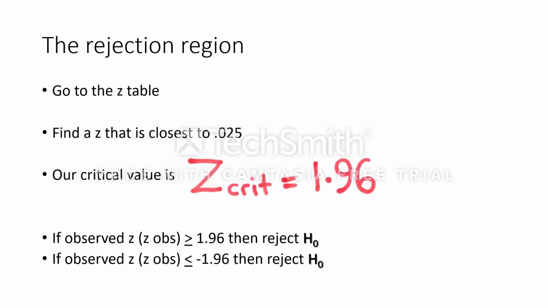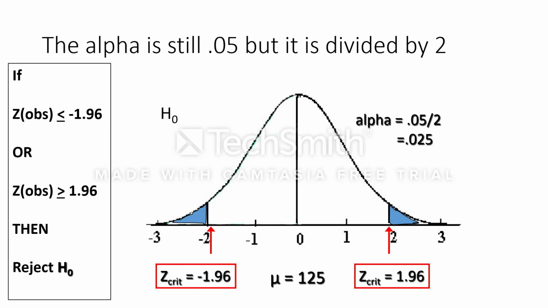0.9750. So our critical value for Z, if we're doing a two-tailed test, would be 1.96. So the alpha is still 0.05. We're still interested in occurrences that have got less than a 5% probability, but we've divided it by 2, and here you can see at the ends of each of those distributions and in the tail we have calculated a new rejection region, which is now 1.96.